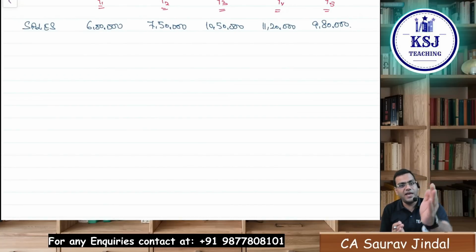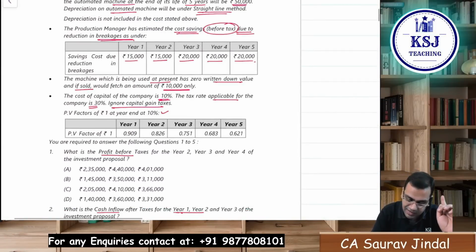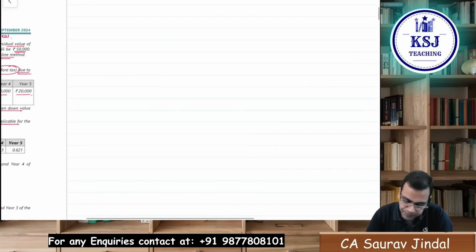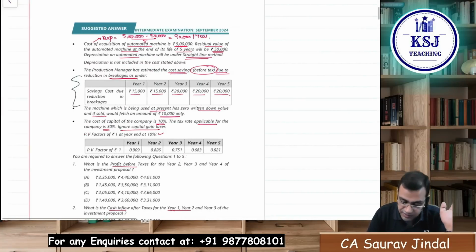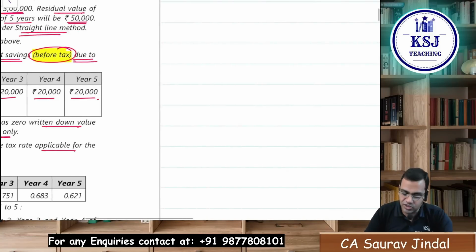Now, what else? The sales is my cash inflow. Is there any other inflow? Yes, sir. There is a deemed cash inflow. Which one? This one. The savings in cost because of the reduction in the breakages. This is a deemed cash inflow, so I will add this. And this is before tax. This is very important. In case of any such savings, you have to see whether it is before tax or after tax. Accordingly, the treatment might change.